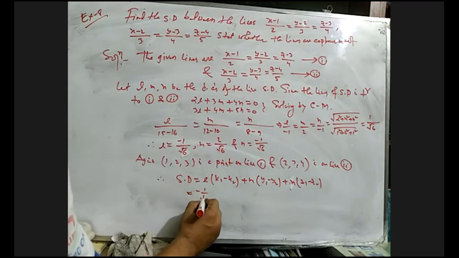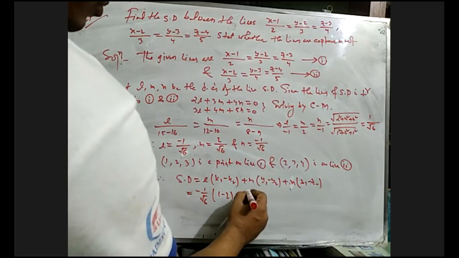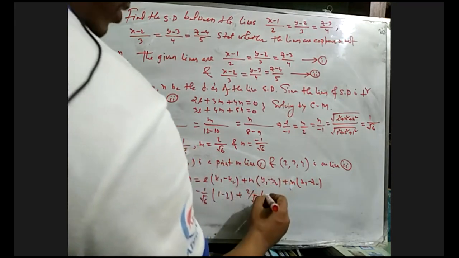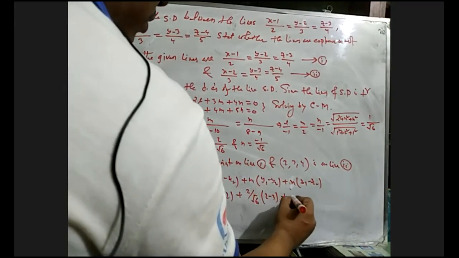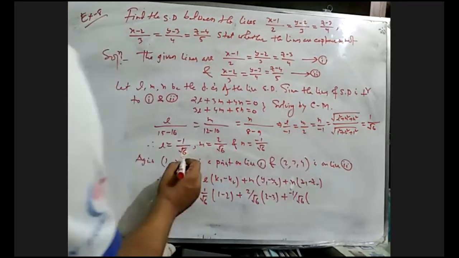Just putting these values, l equals minus 1 by root over 6, times (1 minus 2), plus 2 by root over 6 times (2 minus 3), plus minus 1 by root over 6 times (z1 minus z2, that is 3 minus 4).